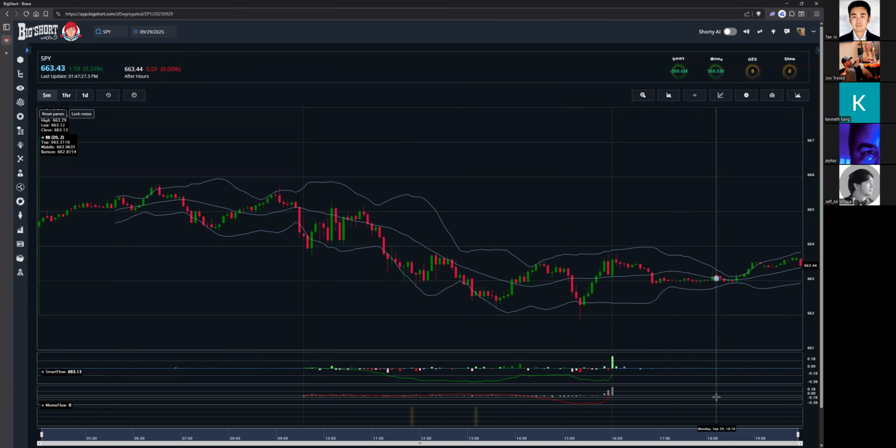But then it's more complicated than that because what is a pullback? A pullback is only possible if you've already had a big surge, right? So big surge, then a pullback, and then you buy that dip and then it's the easy trade. But you need that big initial force first in order to have the follow through.